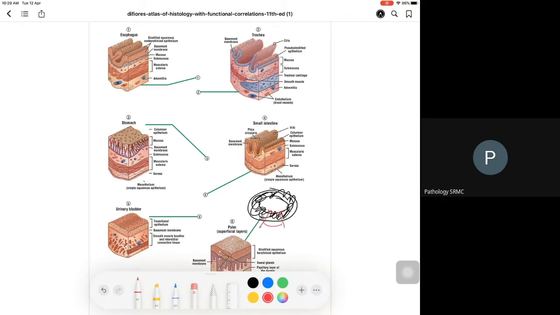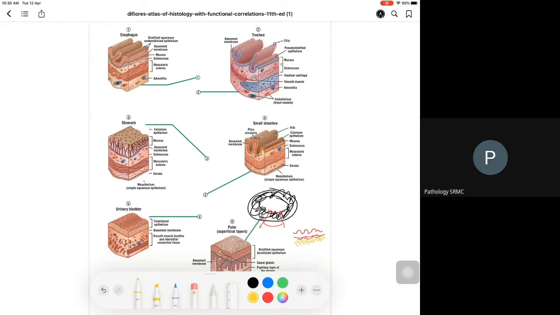So there are 4 parts in that lumen. One is the mucosa, that is the luminal surface, and then beneath the mucosa there is a small muscle layer, okay. So I will label them in a minute. That is known as muscularis mucosa. Then comes the submucosa.